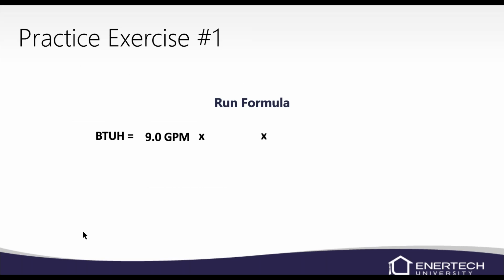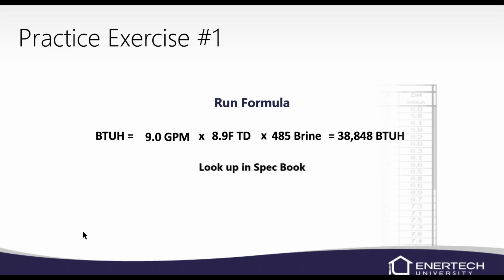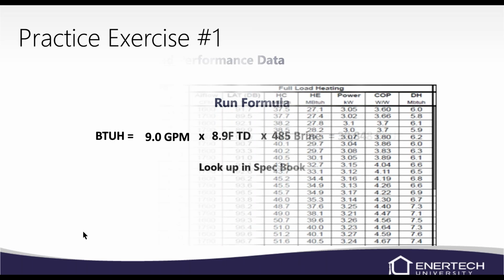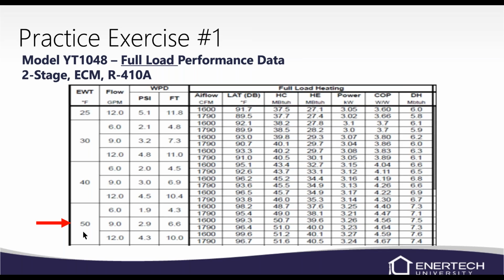So we run the formula, 9 GPM times our temperature difference times our brine factor of 485. That gives us 38,848 BTUs. Now, you can say, well, that sounds good, but we need to go ahead and compare that to the IOM that we just had pulled up. So we'll go back here to that 50 degree entering water.